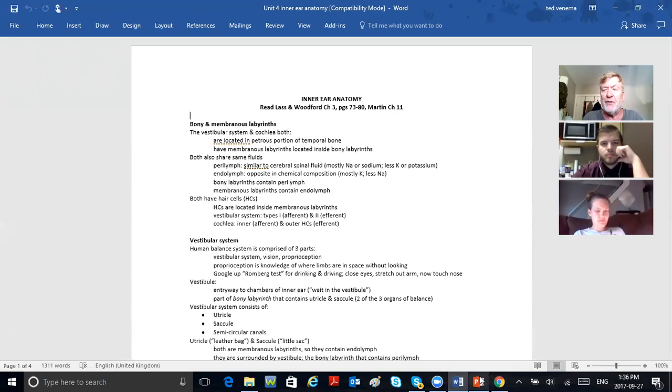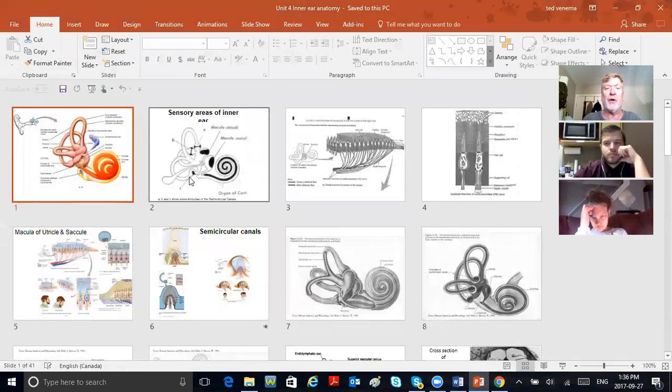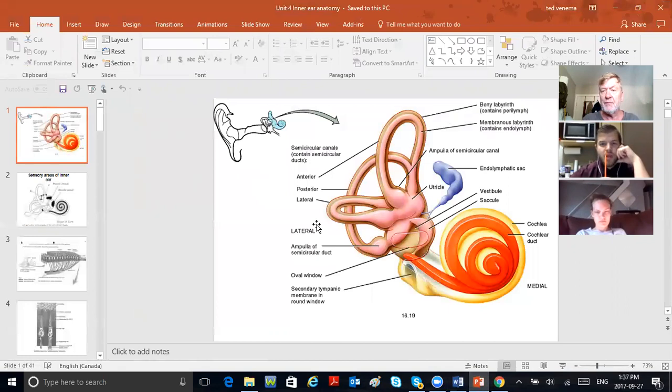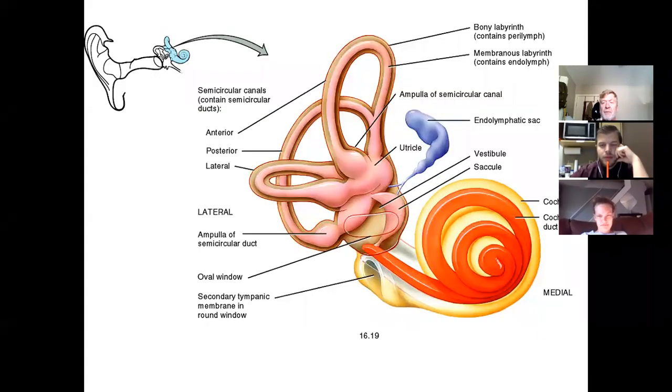Now, the other thing we've got here is the PowerPoint on the inner ear. All the way at the top, we're looking at a cochlea and the balance organs, so take a good look at this. On the left, the pink is the balance organs. This is actually the right ear.